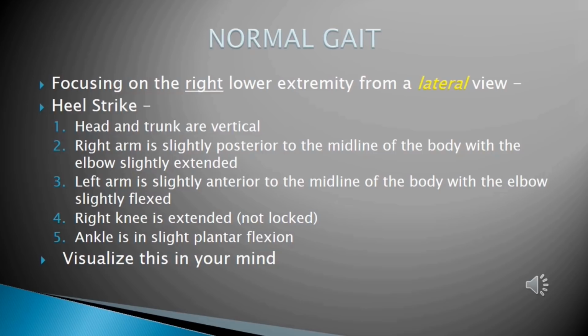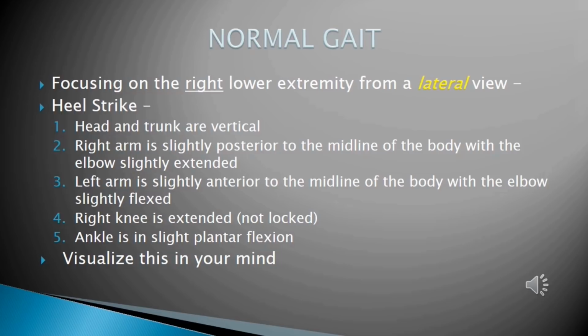You're standing to the right side of the examinee, and as the examinee walks down a long parking lot, you are walking alongside of them, focusing on their right lower extremity, considering what types of findings are normal findings as the right heel makes initial contact with the ground.